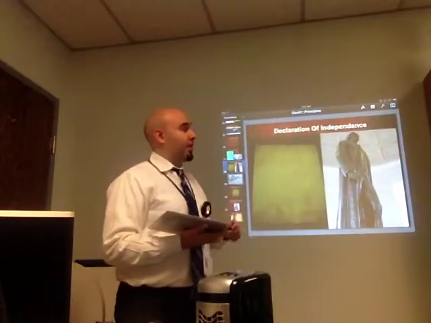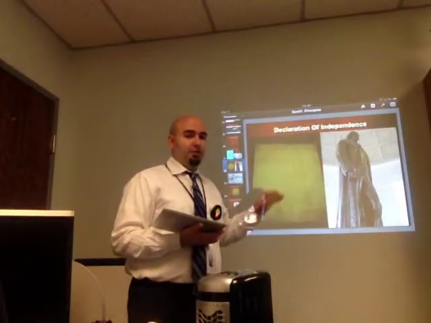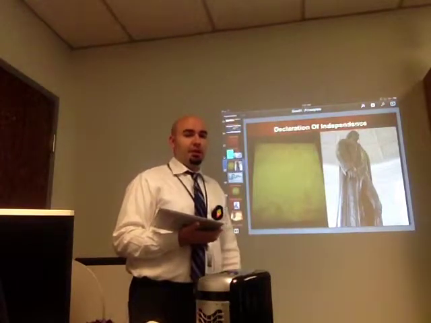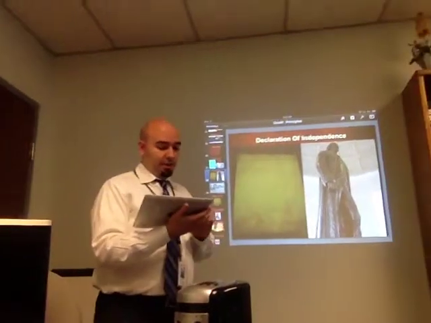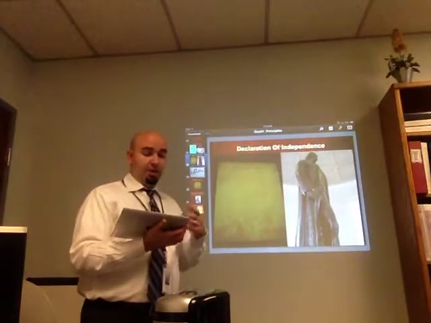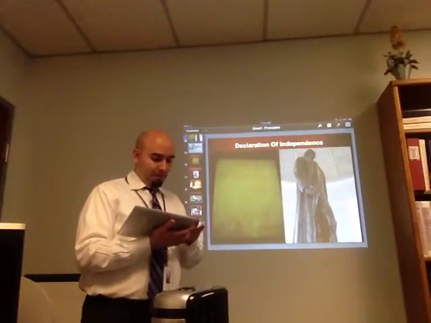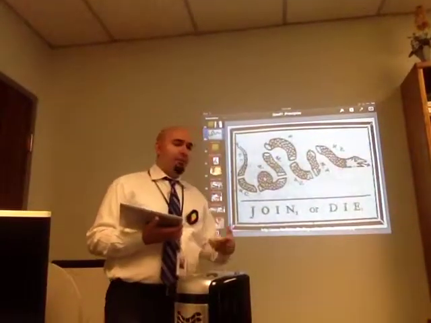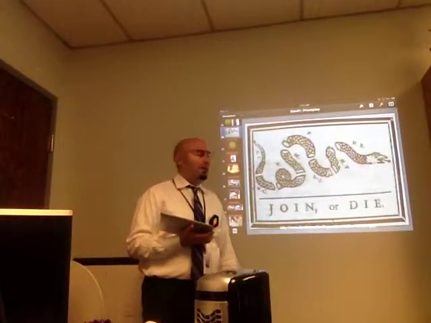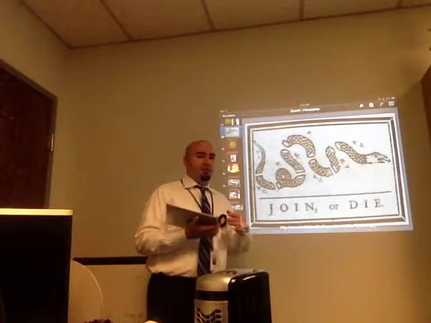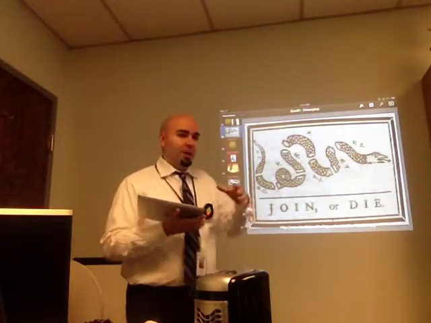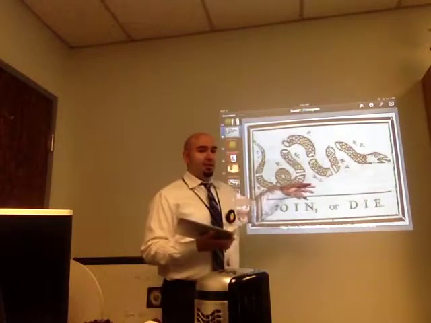Later in this class, we're going to talk about the influences of independence, how even that document went into the current Constitution, and the way that it has changed our role. Ben Franklin also gave us a good cartoon back in the day, which said join or die. It's not just rules and a setup for one state and one group, but multiple different states that are together.